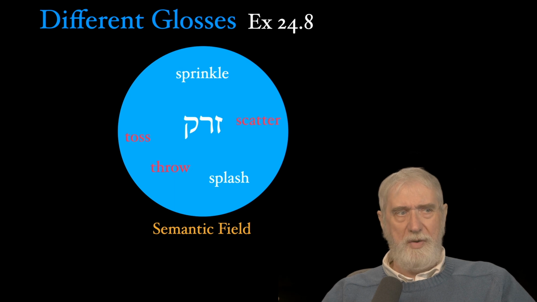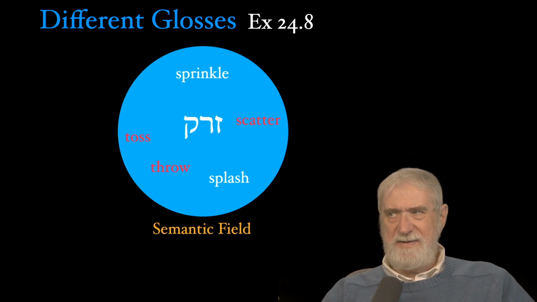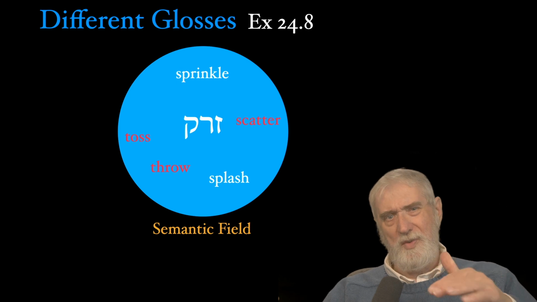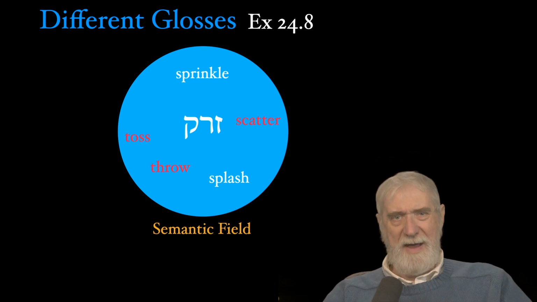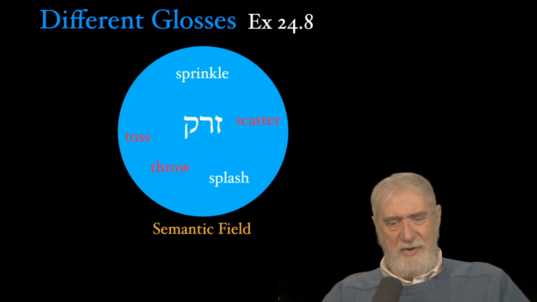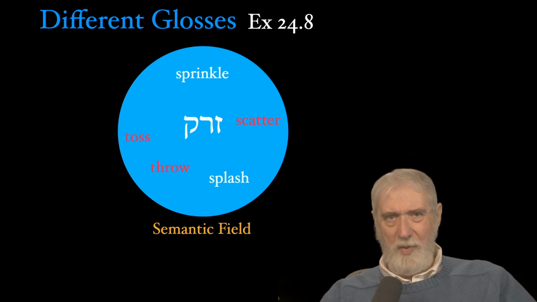Toss and throw and scatter are words that we might use in English, but don't necessarily fit the context here all that well. We use the word toss in English, like tossing a ball back and forth or throwing a ball back and forth. Scatter implies that we're distributing something in a sort of random way.